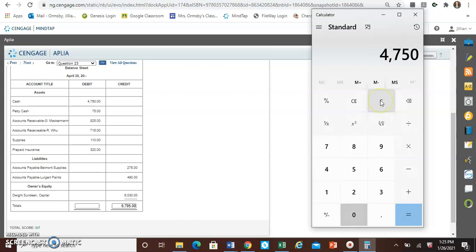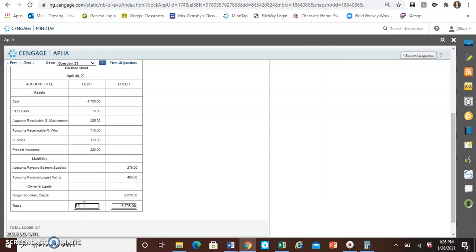So 4,750 plus 75 plus 825 plus 715 plus 110 plus 320 equals 6,795. Compare the balances, and our balances now match.